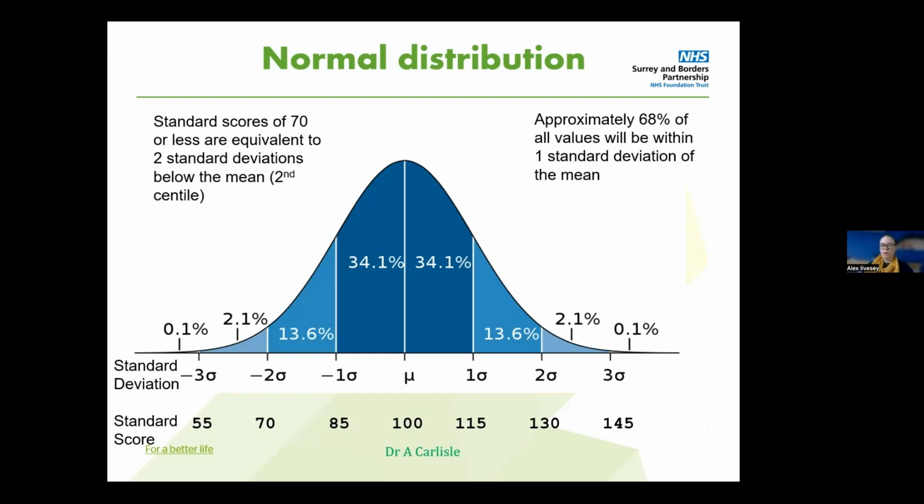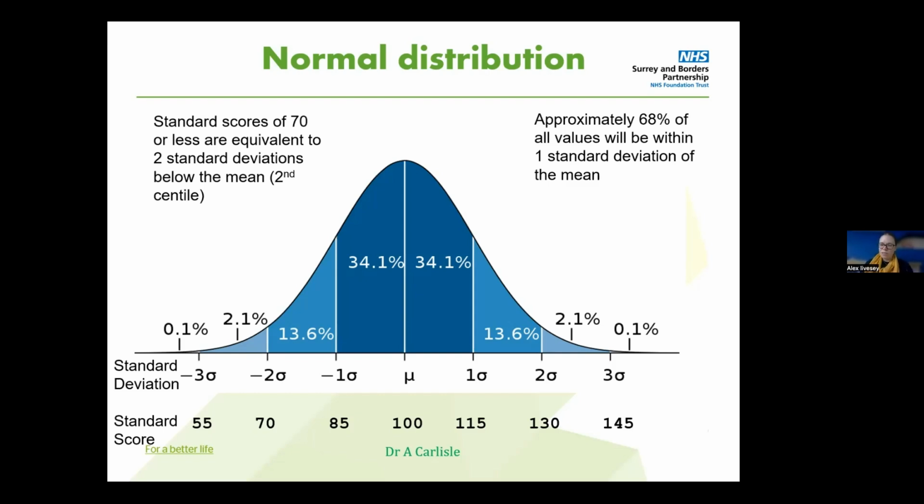So if, as Alex has said, approximately 68% of people are within the average range, that's 68% of a typical population, whoever the test has been normed against.